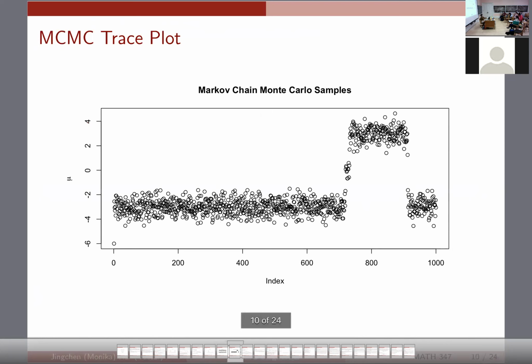If you look at the beginning and the end, they are kind of concentrated around -3, right? But from the trace plot, we know that this is not good mixing. By chance, the Geweke diagnostic didn't detect it, okay?